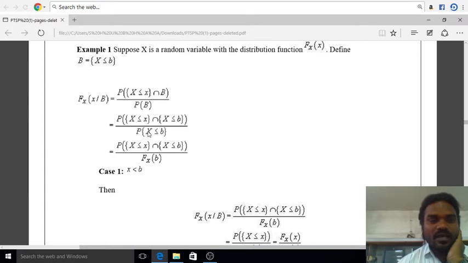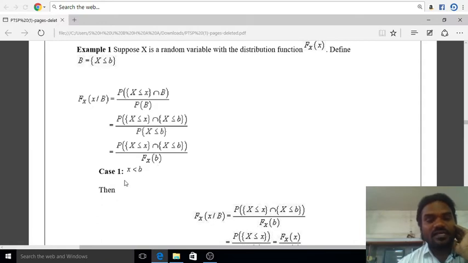The probability of B is nothing but the probability of x less than or equal to b, which is the distribution function of the constant b, that is F_X of b, and we can simply write this as F_X of b.